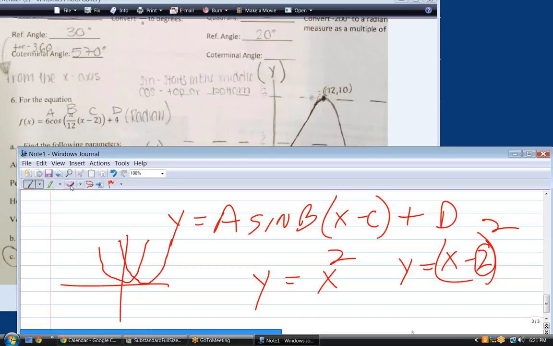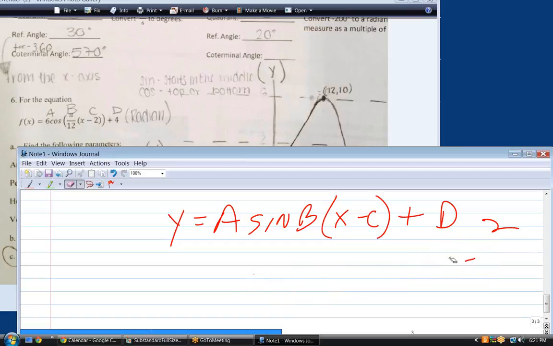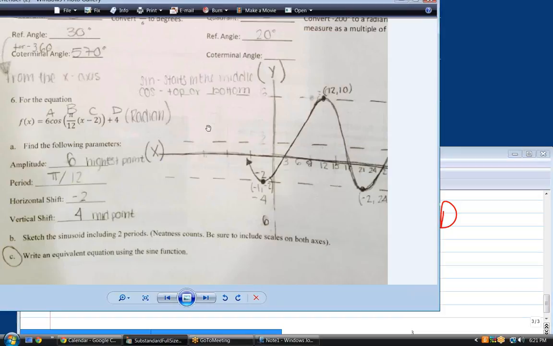Okay. Sinusoid functions are no different. And in fact, A, B, C, and D are exactly the same as a vertical stretch, horizontal stretch or shrink, a horizontal shift, and a vertical shift. Right. All right.